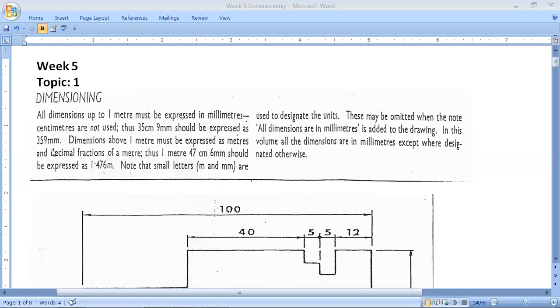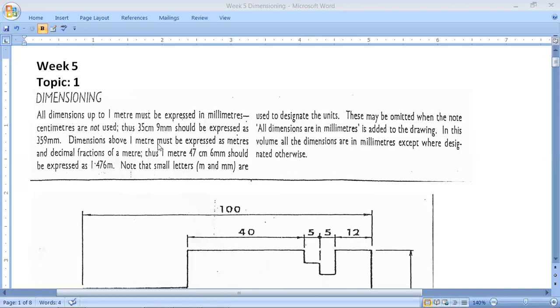When you're going to dimension the drawing, what you're going to say is 1.359, 359 millimeter. When you place it on the drawing, you're supposed to say it in here 1.359, and then you place the letter M indicating meter, right?